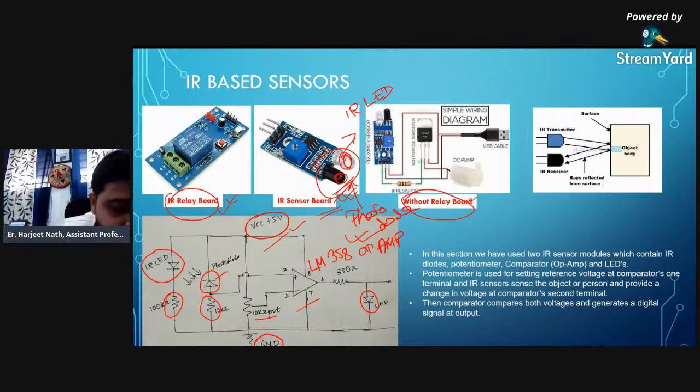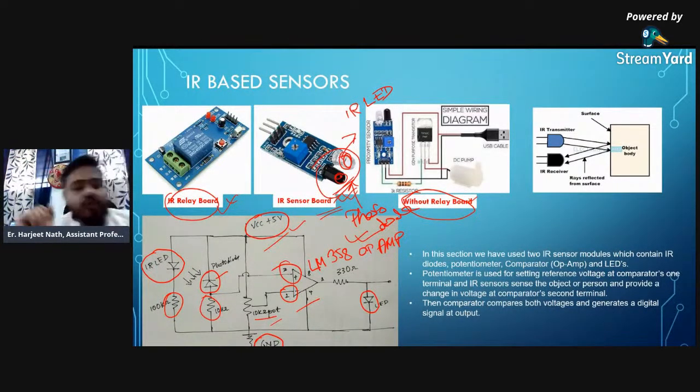This is given to the non-inverting terminal of this OP-AMP. You can see there is a 10 kilo ohm potentiometer, and the output of this potentiometer is given to the inverting terminal of the OP-AMP. This potentiometer is basically used as a reference.